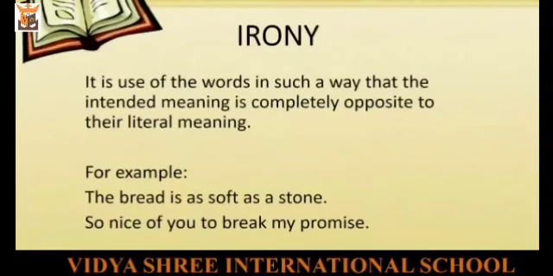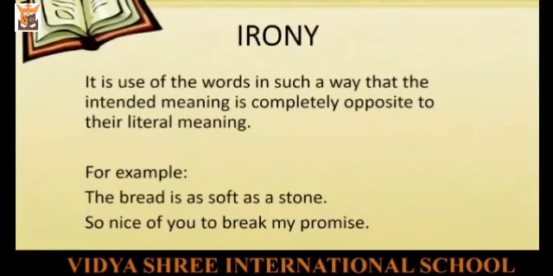What does it mean? The writer wants to say one thing, but he uses contradictory words. This means that what a writer has written is completely opposite from what he wants to say.